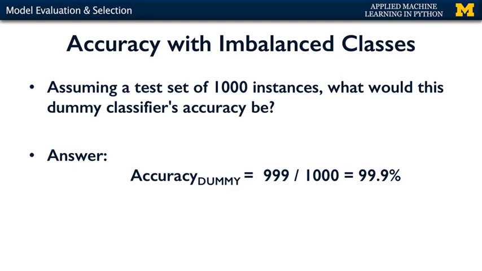So our dummy classifier will correctly predict the not relevant label for all of those 999 items. And so the accuracy of the dummy classifier is also going to be 99.9%. So in reality, our own classifier's performance isn't impressive at all. It's no better than just always predicting the majority class without even looking at the data.